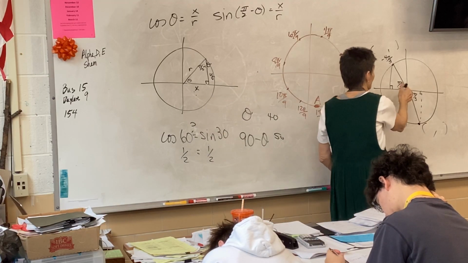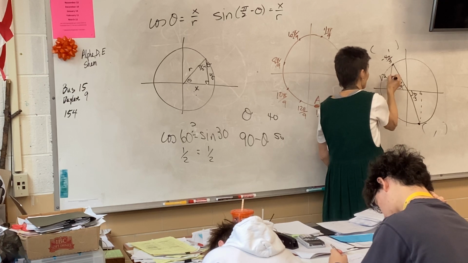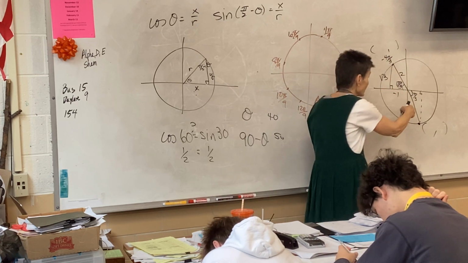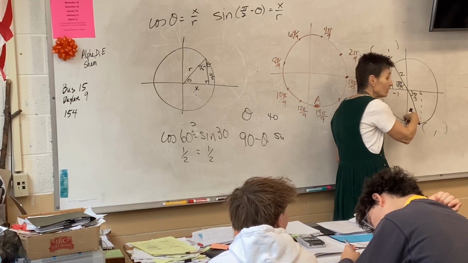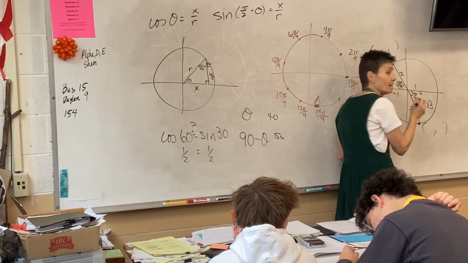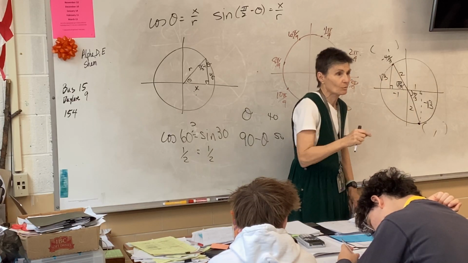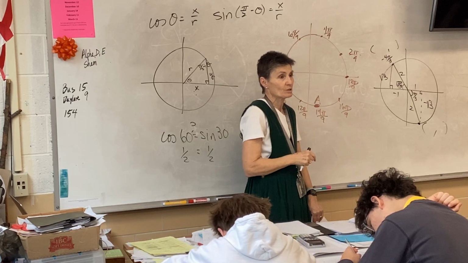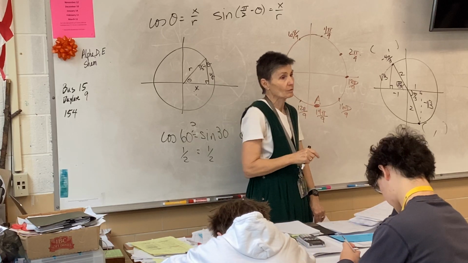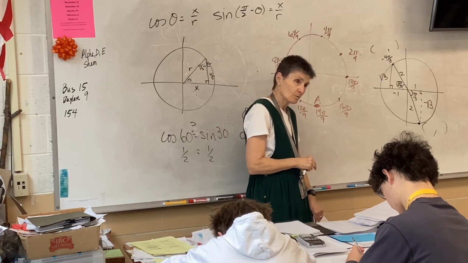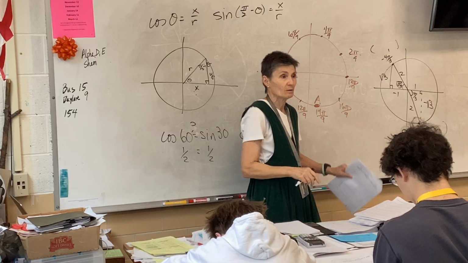If I know that angle's 60, then I know this side's root 3, that's 1 and that's 2. This is going to have exactly the same triangle because that's 60. Now, the signs are going to be different, and that's okay, but it's a 30, 60, 90 triangle with a 60 at the origin. That angle at the origin is called the reference angle. And it's going to be pi over 3 for every pi over 3 angle on your unit circle.